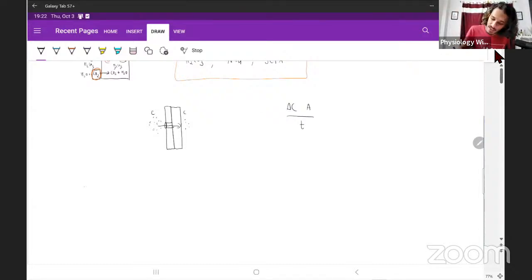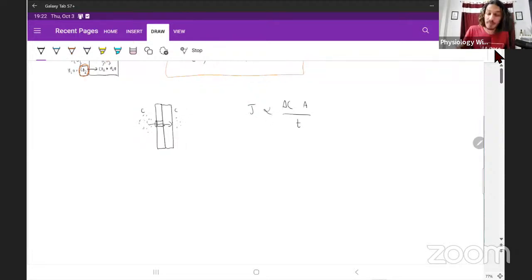That rate of flow, we'll call it J. This rate of flow is called flux per unit area. So the flux is directly proportional to the concentration gradient. The more the concentration gradient, the more the flux. If area increases, the flux increases. If thickness increases, the flux is less. This is what is called Fick's law.